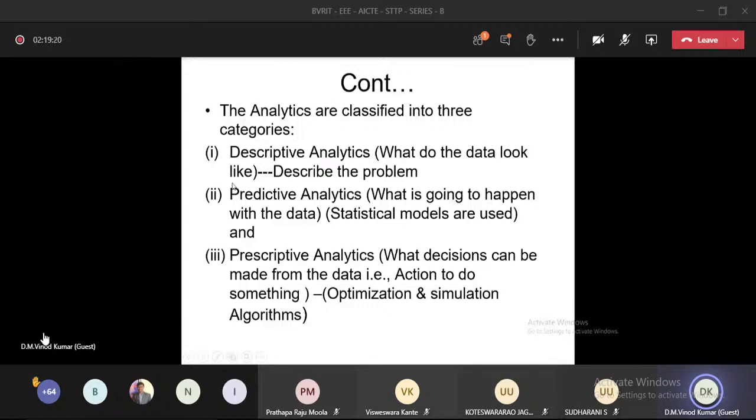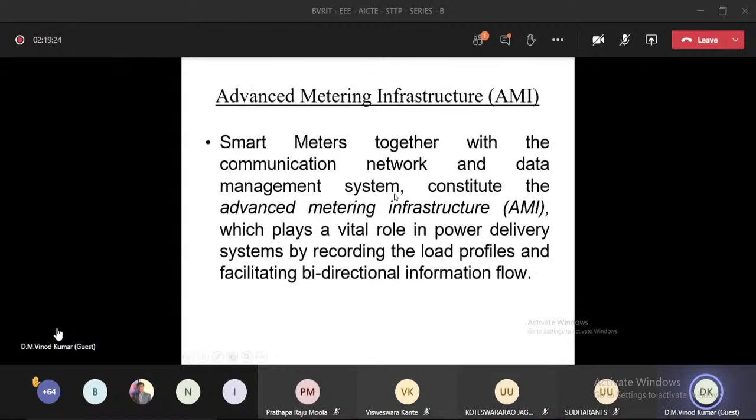As I mentioned, AMI is nothing but smart meters together with the communication network and data management system that constitute advanced metering infrastructure. We have seen AMR, AMI and all that, which plays a vital role in power delivery systems by recording load profiles and facilitating bidirectional information flow.